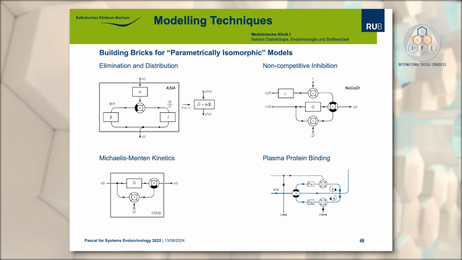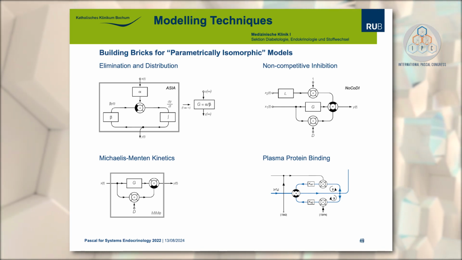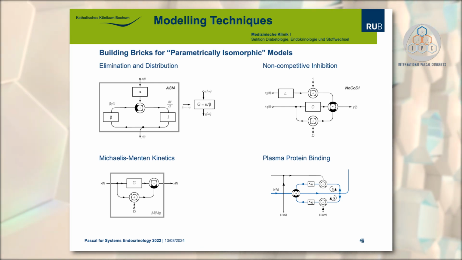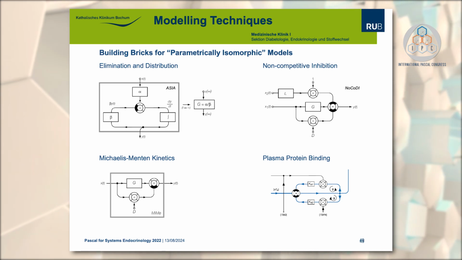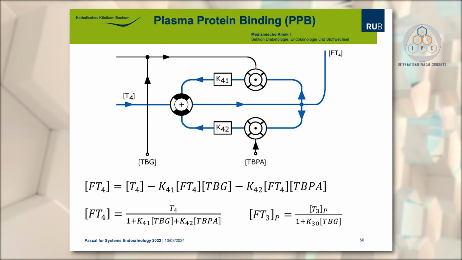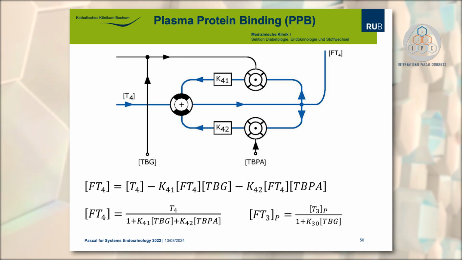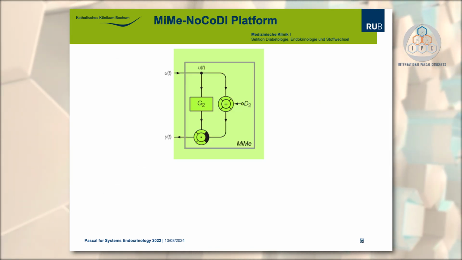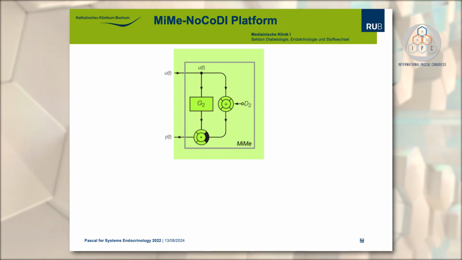So putting this together to a feedback loop and modeling this requires a few steps. So we have the Michaelis-Menten kinetic of the feed-forward path. We have to address the non-competitive inhibition of the feedback path, and we have to combine the two parts with linear elements, with linear gains. And then we can formulate this with a recursive equation here.